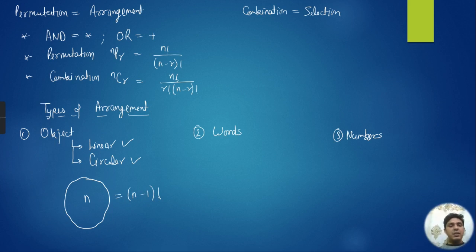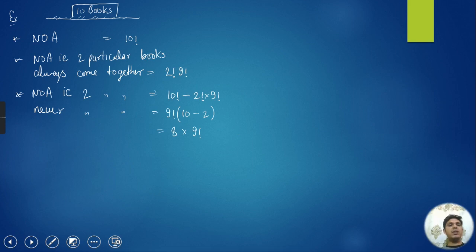Reason being, first thing we have to fix, and I have to arrange remaining n minus 1 objects, right? So same thing if we apply in the questions. My first question was, on a table there were 10 books placed.